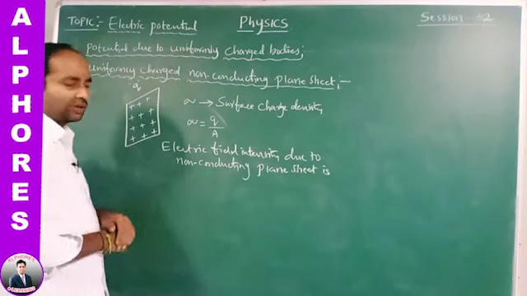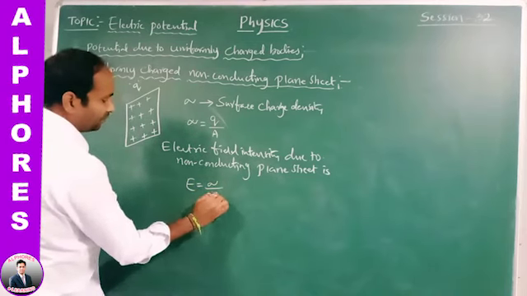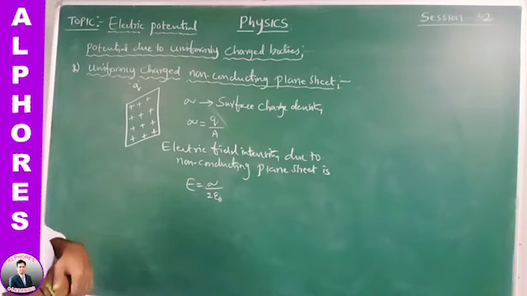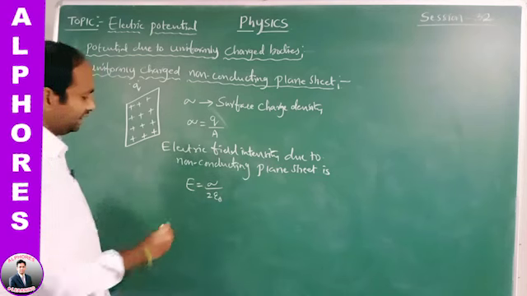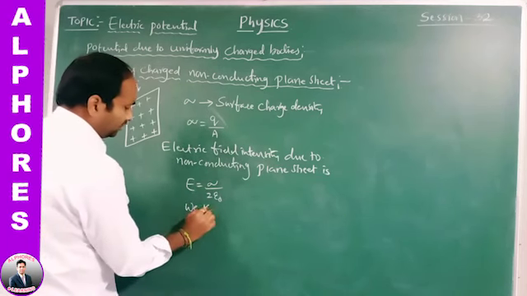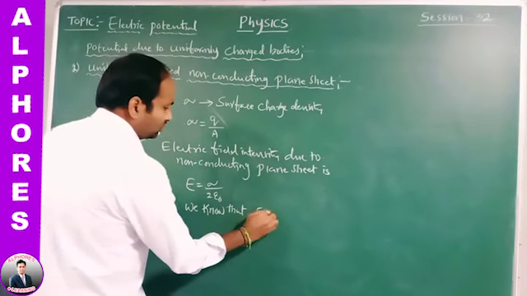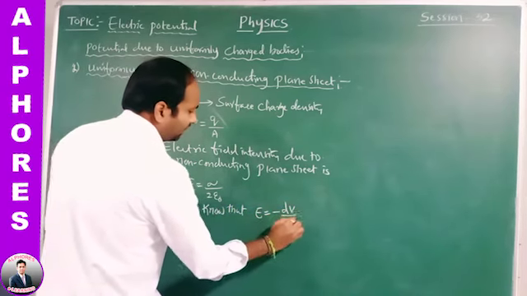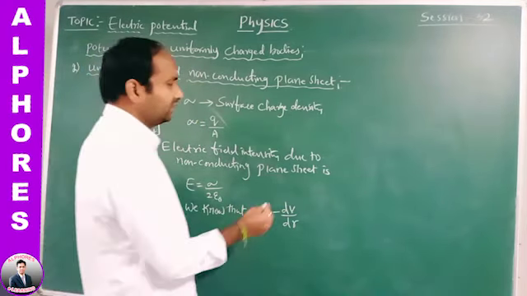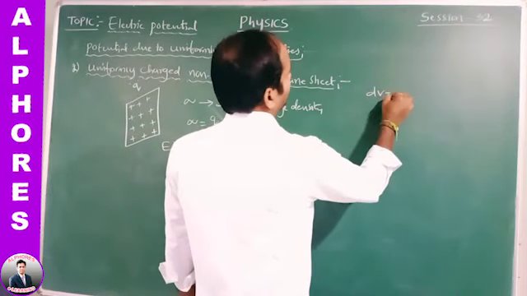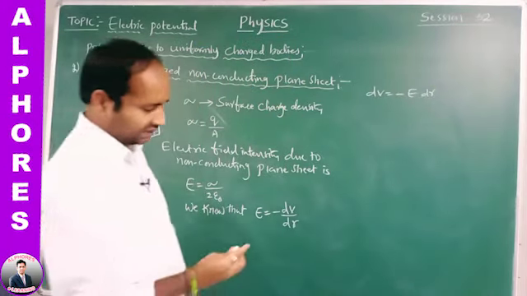The electric field intensity due to a non-conducting plane sheet is E equal to sigma by 2 epsilon naught. But we need to find the potential. Again we know that E is equal to minus dV by dr. From this equation, dV is equal to minus E dr. Again integrate on both sides.